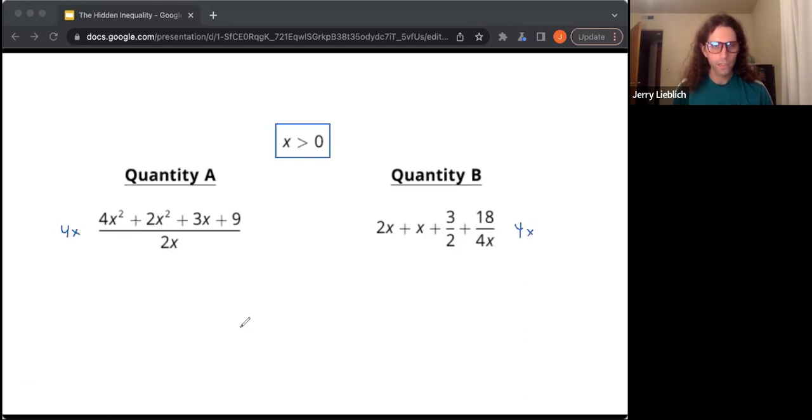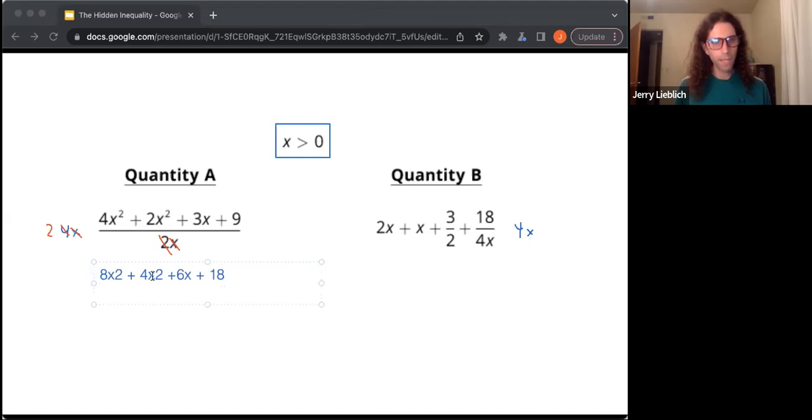So here, what that's going to do, those x's will cancel, and that 4 will cancel into a 2. So I'm just going to multiply all of these by 2. 8x squared plus 4x squared plus 6x plus 18.